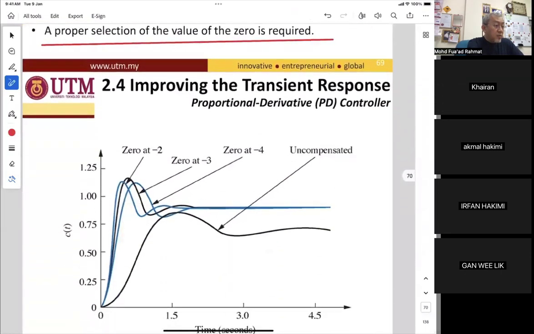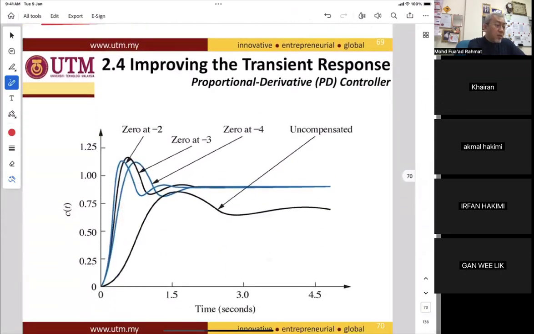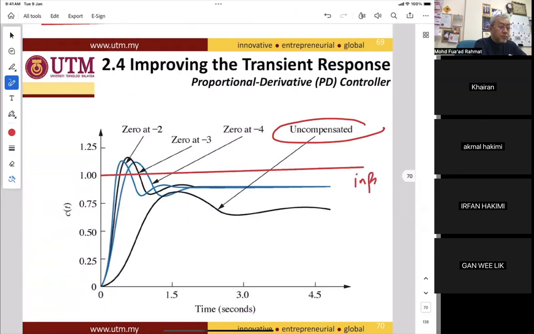By simulations, you can see that the first one, the uncompensated system, is shown in this black response. The input is 1 volt step.